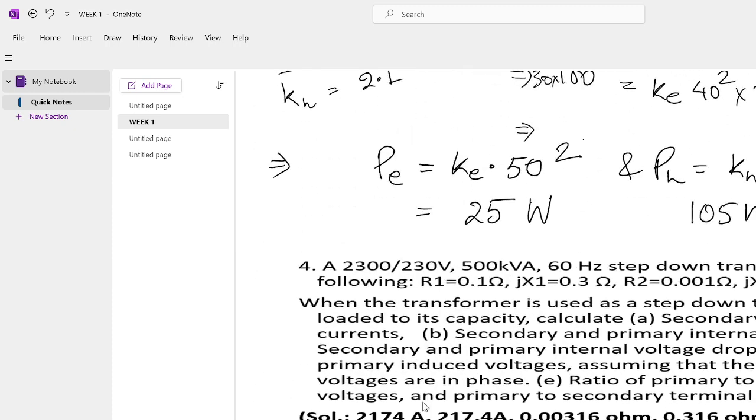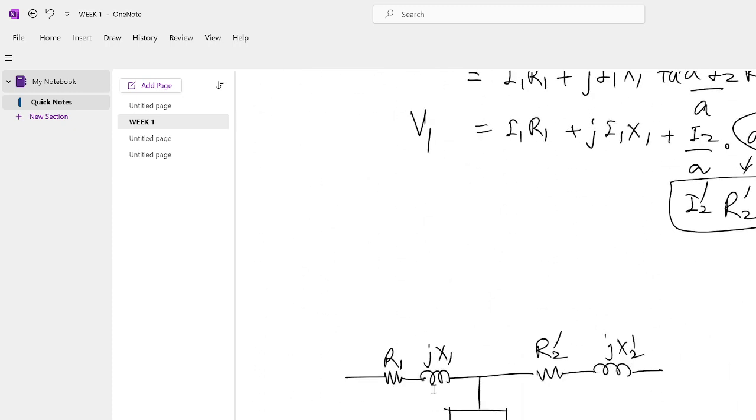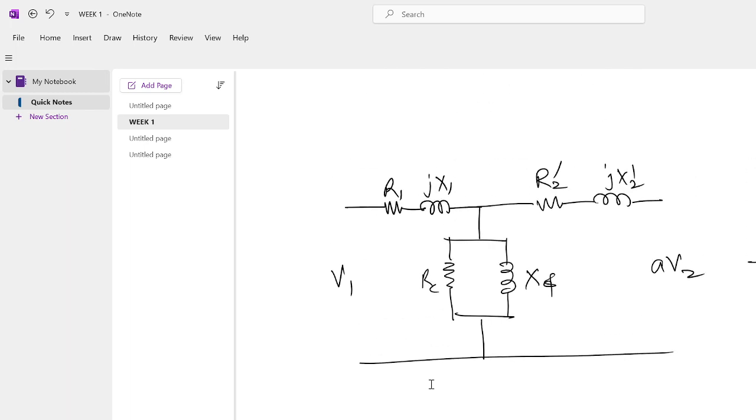Rated secondary voltage is 230 volt. That means when I connect any load here and maintain 230 volt, that load will be capable of absorbing 500 kVA of power. That means the transformer is loaded to its capacity. Clear?